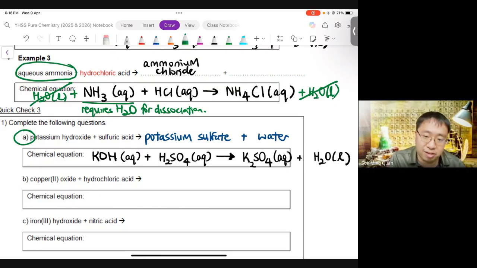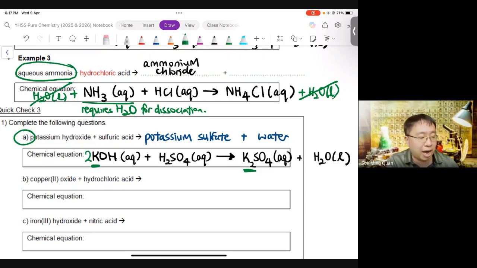Then we balance. Balance means look at the numbers of atoms on both sides. It's immediately clear you must start counting from the metal. There is a different number of potassium on the left and right. On the right, there is K2, that's 2 potassiums. However, on the left, there is only 1 potassium in KOH.